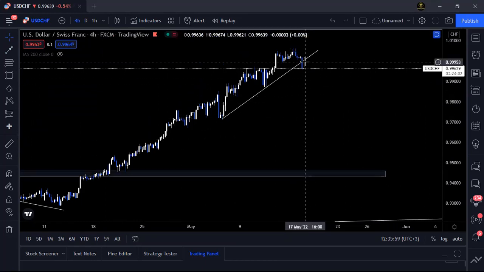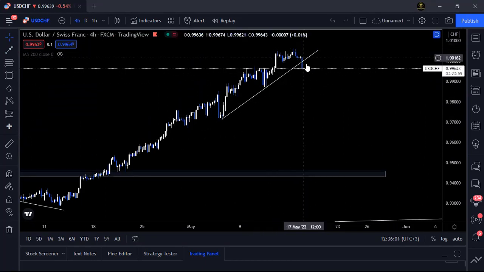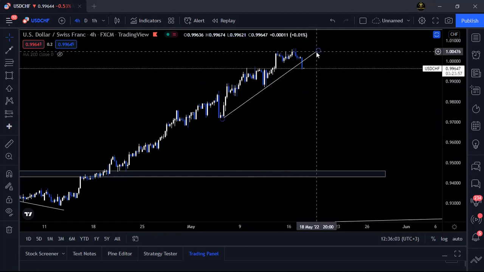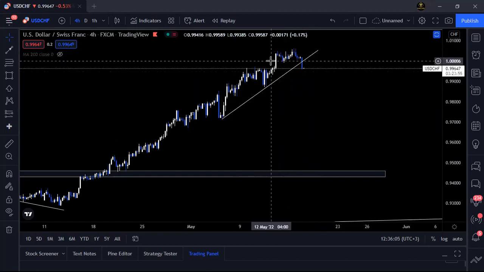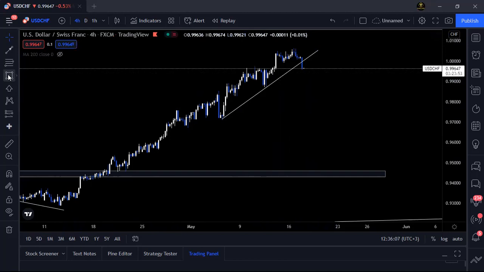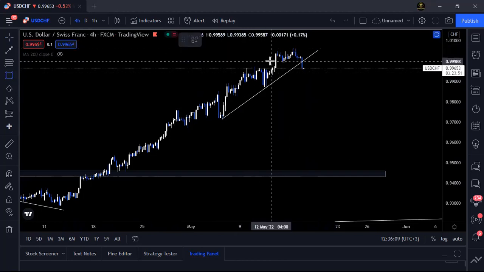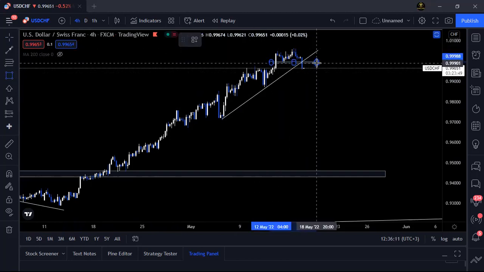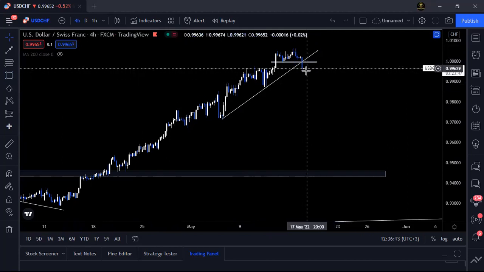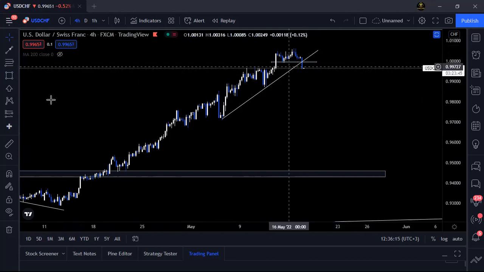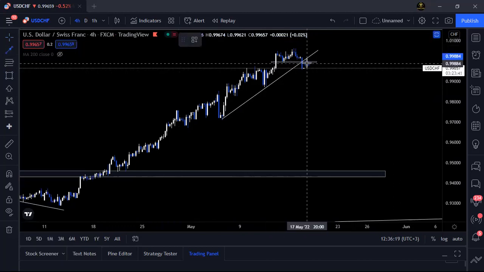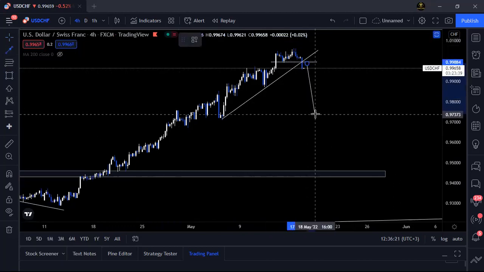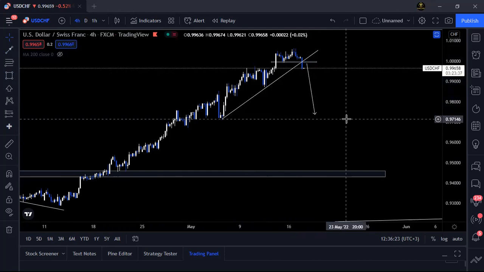This is USDCHF. Obviously, it's positively correlated with the US dollar, and prices broke out of this descending triangle pattern. And this was the most recent low. Given that prices have just broken below this, I'm anticipating to see a continuation in the downside, maybe a little retracement here, but nevertheless, I'm very much bearish biased as of right now.